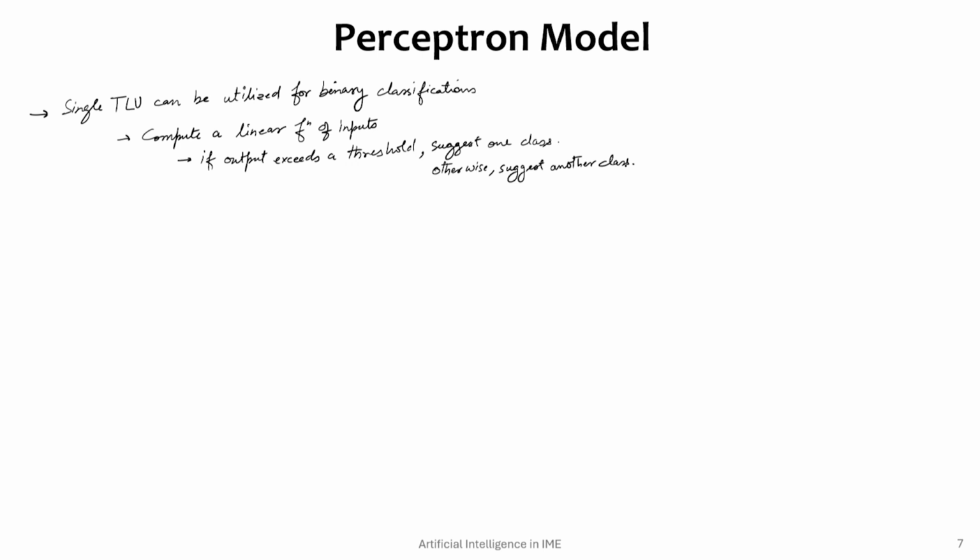So, this is a simple implementation, right? But a perceptron is usually a group of TLUs.